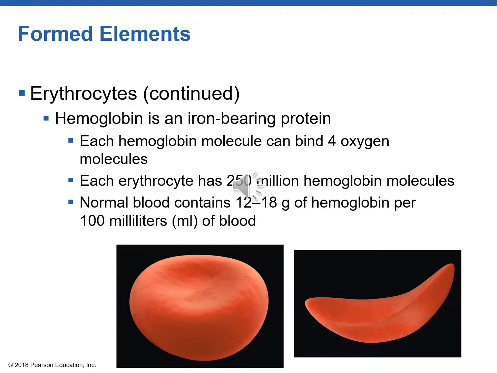So let's say, for example, our patient's hemoglobin value is 7 instead of 12 to 18. They basically have half the ability to carry oxygen to the tissues. This can make the patient not have a high enough oxygen content, not have a high enough oxygen delivery to the tissues, and their body will try to compensate by increasing heart rate, for example.